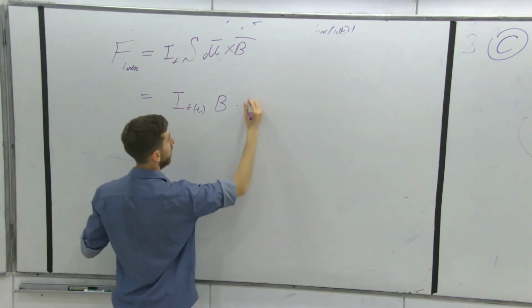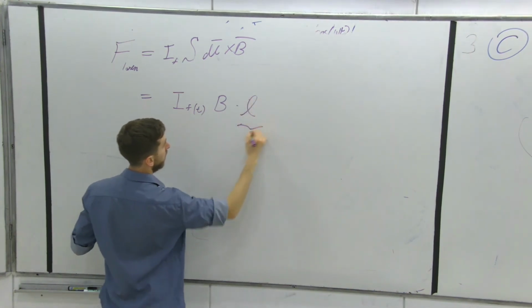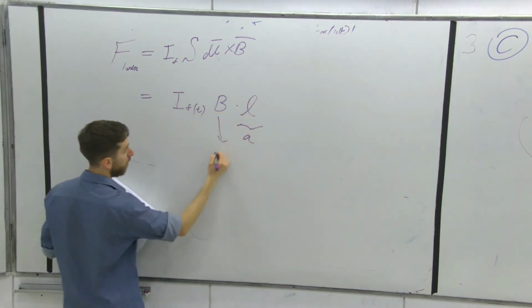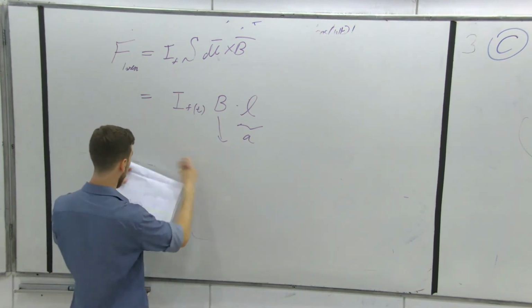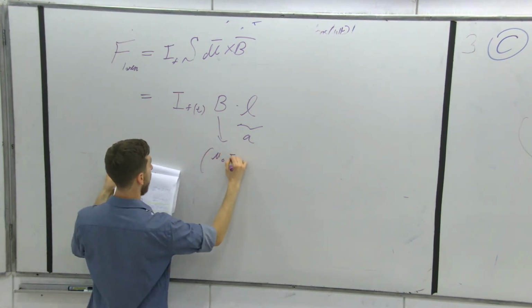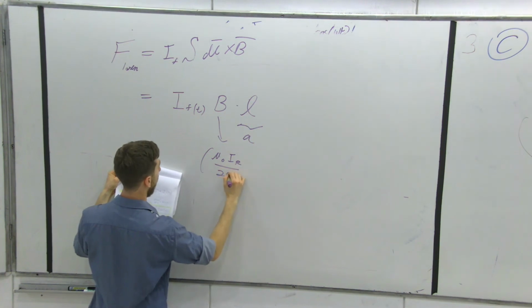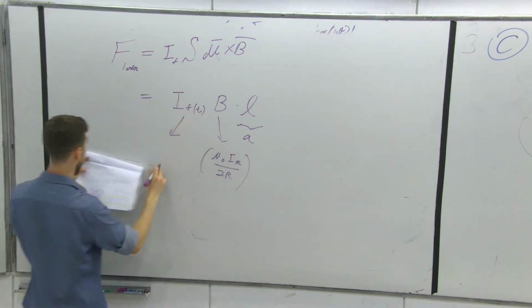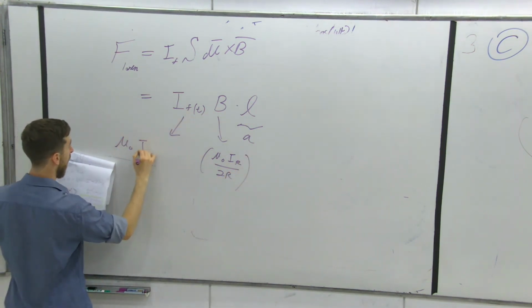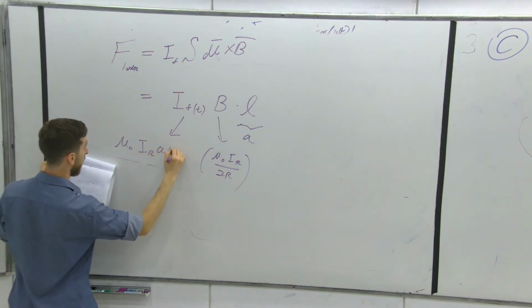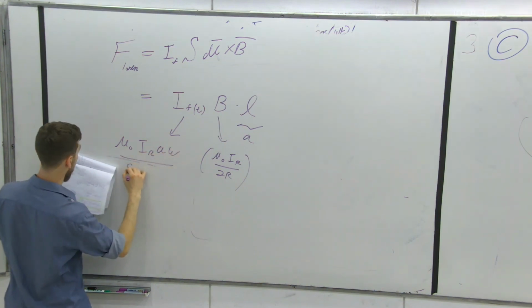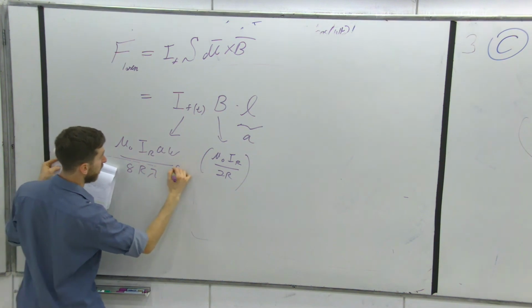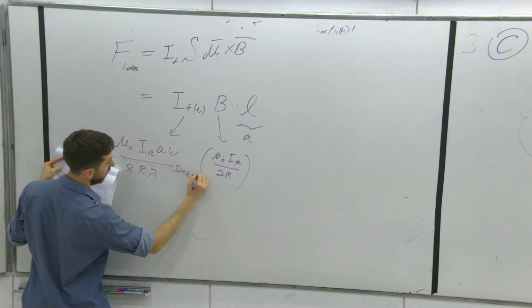We found B, right? What was it? It was mu 0 I R divided by 2R, and we found this: mu 0 I R a omega over 8R lambda sine omega t.